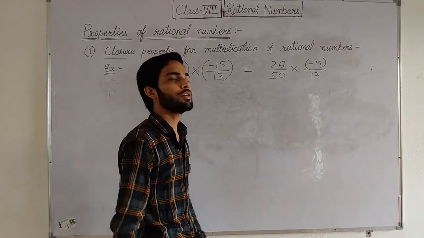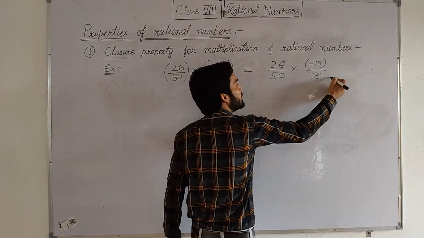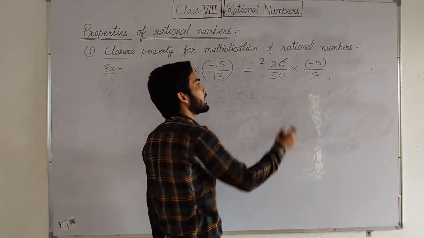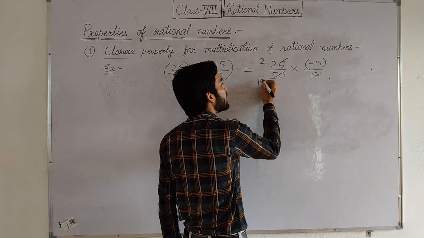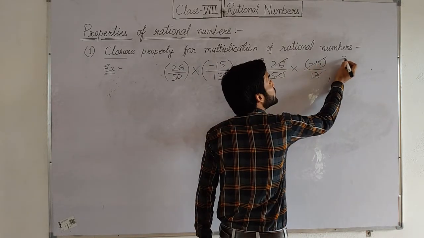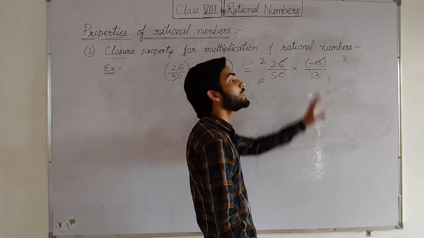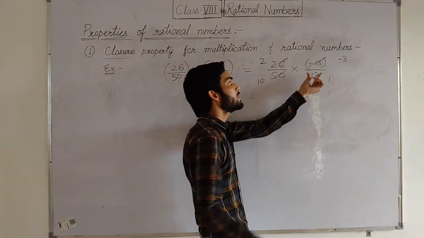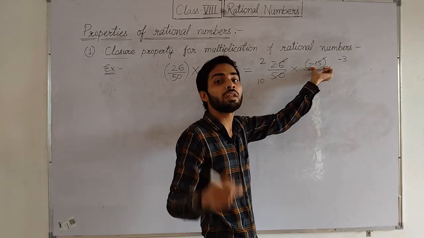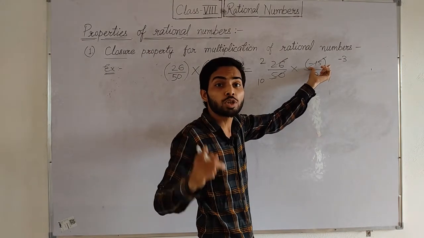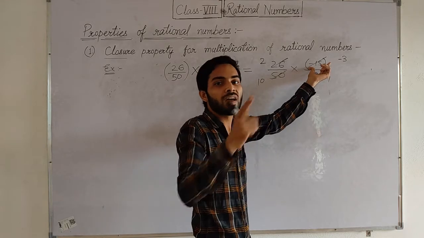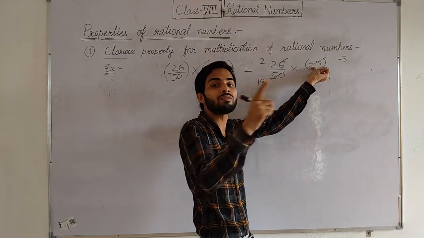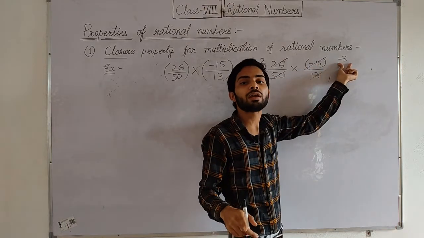You can cancel out 13: 13 ones are 13, 13 twos are 26, and 5 tens are 50, and 5 threes are 15, but you will have to write minus 3 here, because we are cancelling minus 15 by 5, not only 15. So minus 3 will come here.